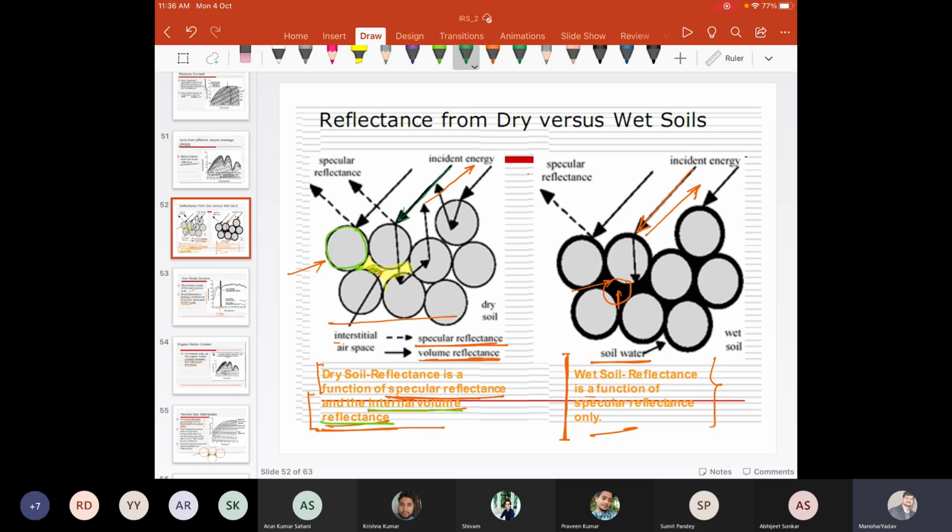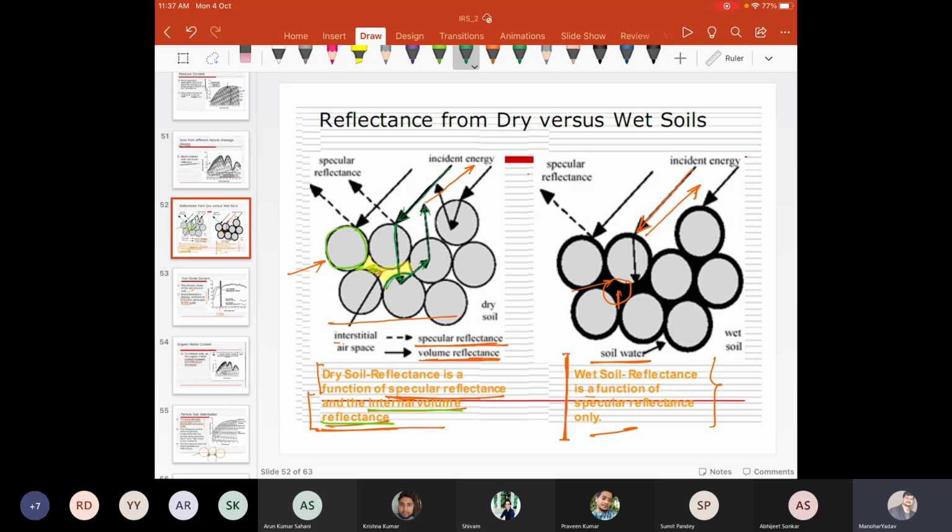This particular light component goes inside, and from this surface it is reflected back. Within the void, the air is filled, so this reflected component gets its path to come out of the bulk of the soil, I mean the internal part of the soil, and it comes outside.